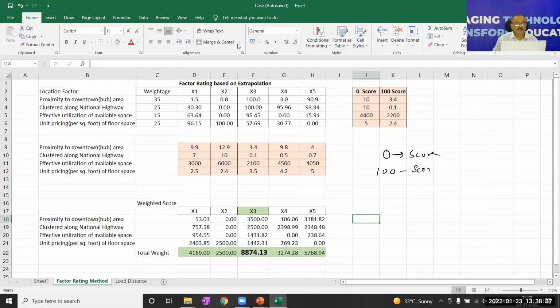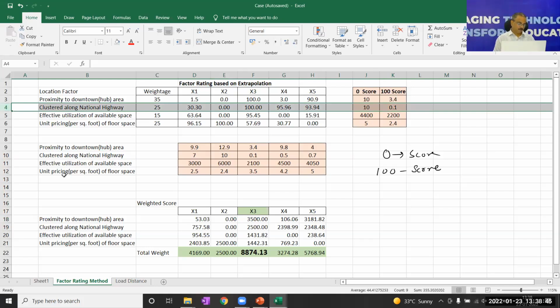So if you consider this particular factor, and if you go to exhibit number 6, okay, the distance, if you look at the last column, the distance of each location from National Highway 66 is given.